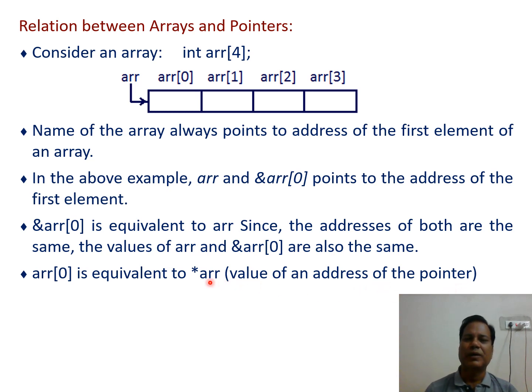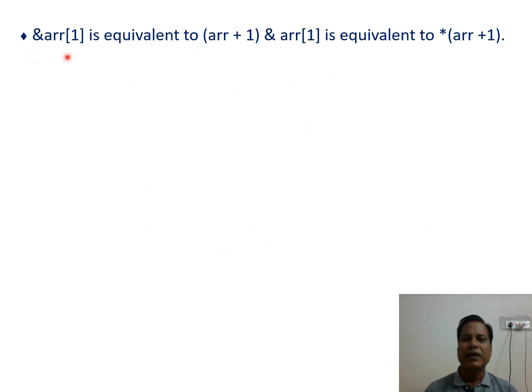So the name of the array ar acts as a pointer variable here. &ar[1] is equivalent to ar+1, the next memory location for the next element of the array ar, and ar[1] indicates the second element, which is equivalent to *(ar+1). What data is stored in the ar+1 memory location.